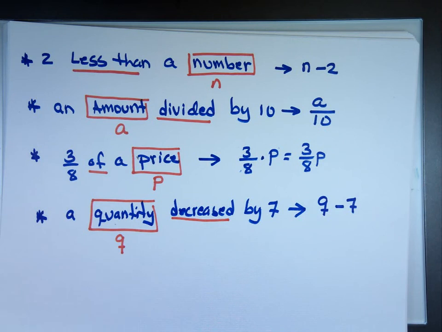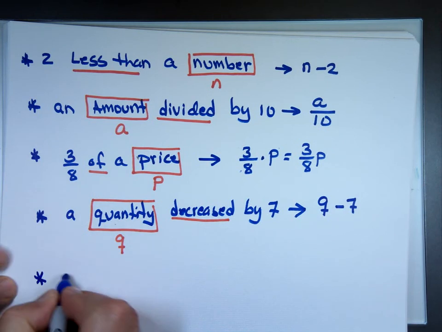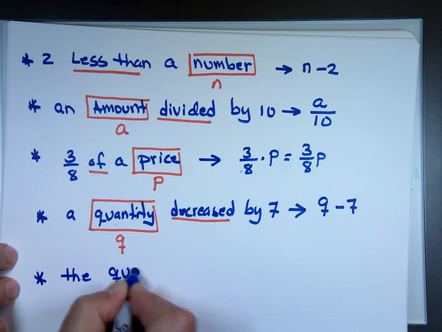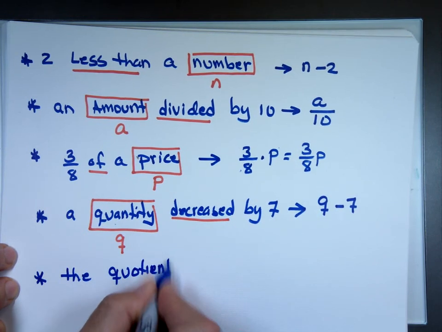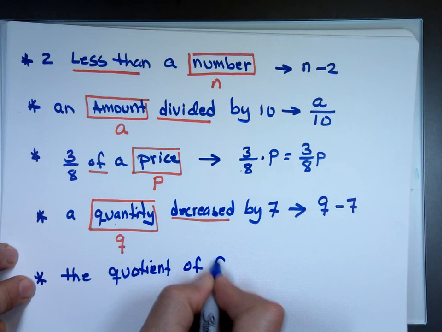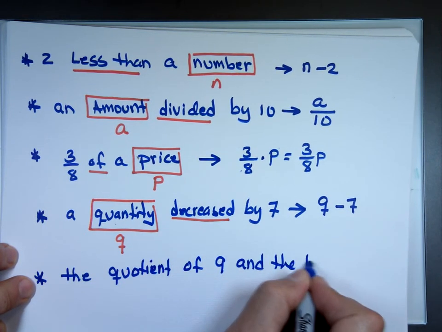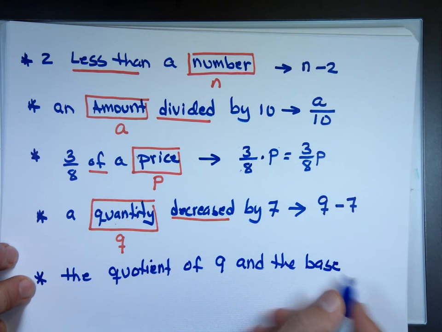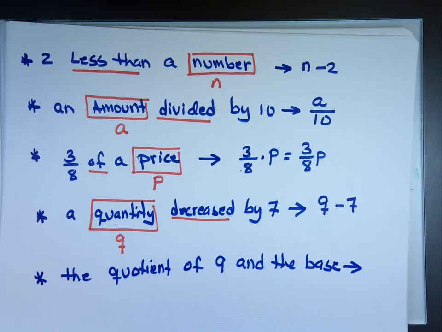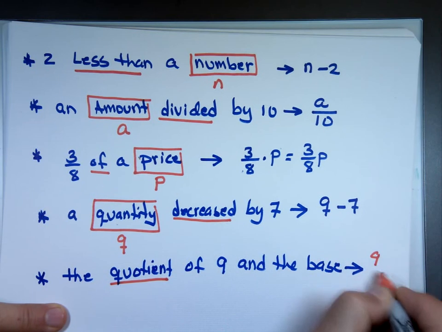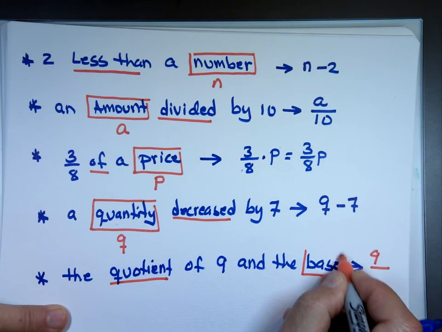One more. The quotient of 9 and the base. Quotient. That's what? Division. 9 is on the top. The base, do we know what the base is? Let's use B. 9 over B.